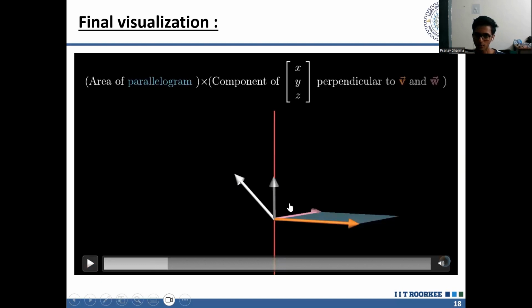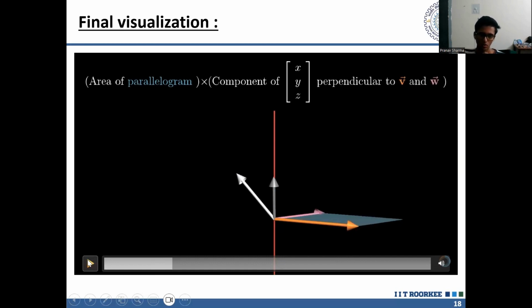Now, how to find this perpendicular vector? We just take the component of this xyz vector along a line which is perpendicular to both V and W.